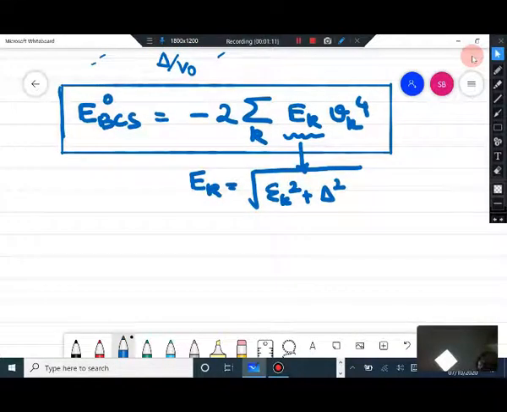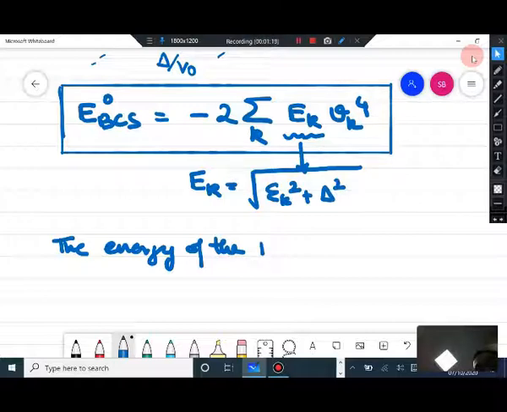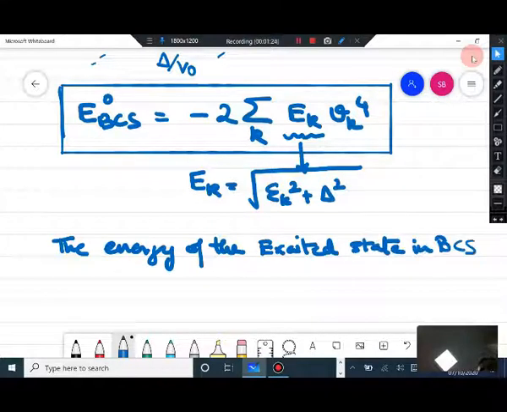So let us calculate the energy of the excited state in BCS.